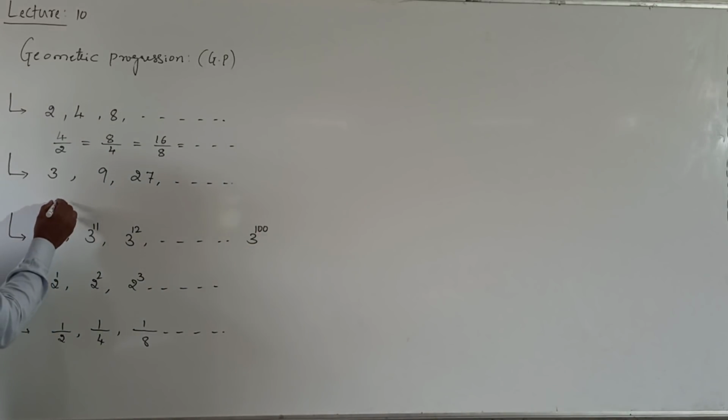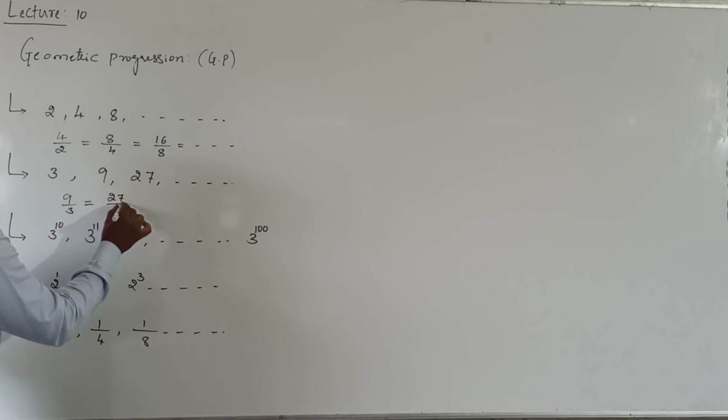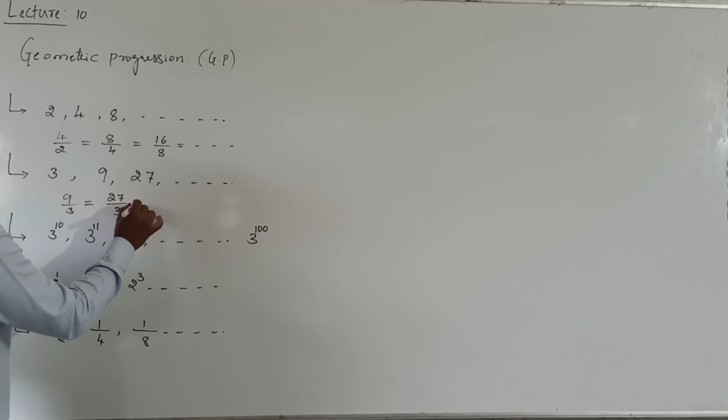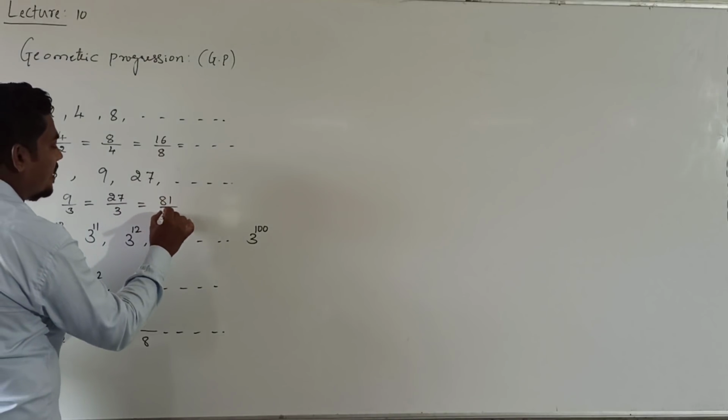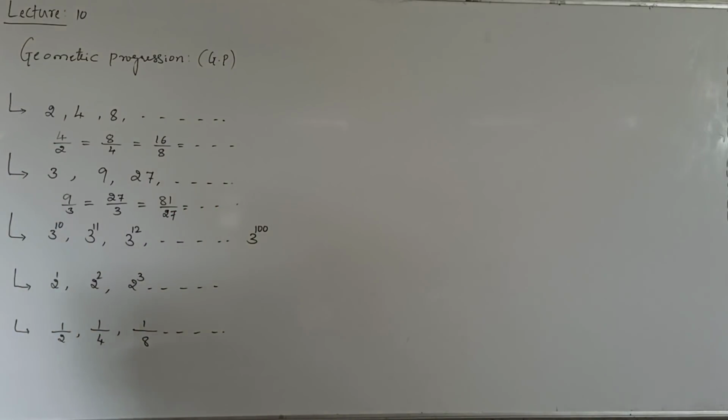In the second example, 9 divided by 3 is the same as 27 divided by 9, which is the same as 81 divided by 27, and so on. Ratio constant.